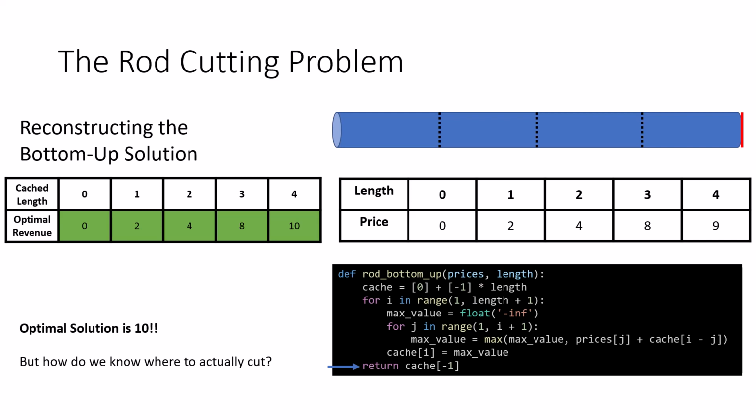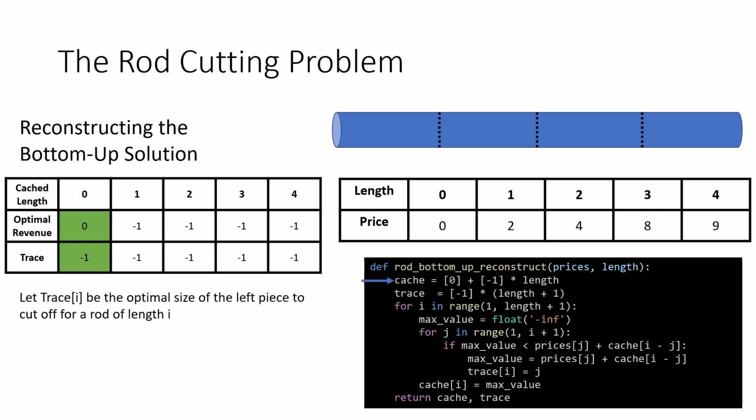Okay? So let's talk about reconstructing, and the way we can do that is to just introduce another row of our table, and I'm just going to call it trace. So we're going to have the same optimal revenue table here, but we're also going to have this trace, and I'm going to let that represent the optimal size of the piece to the left of a rod of length i.